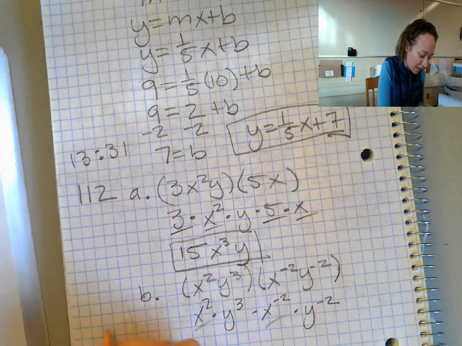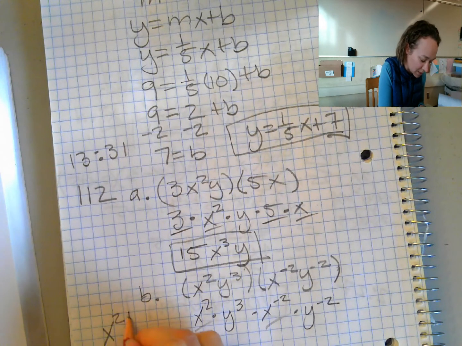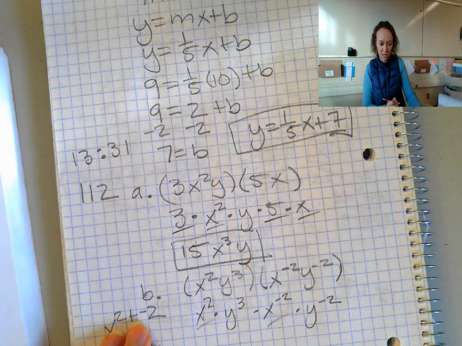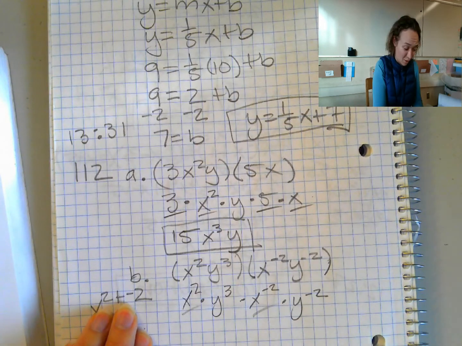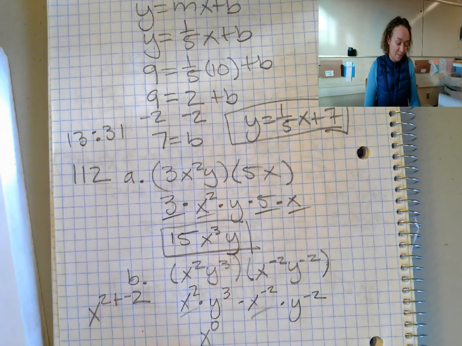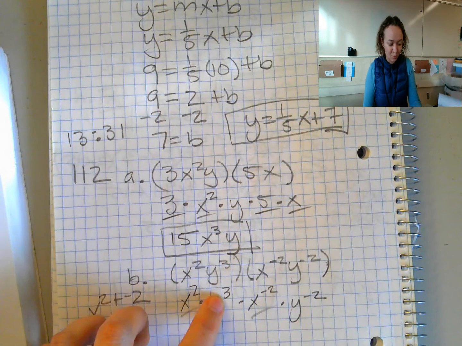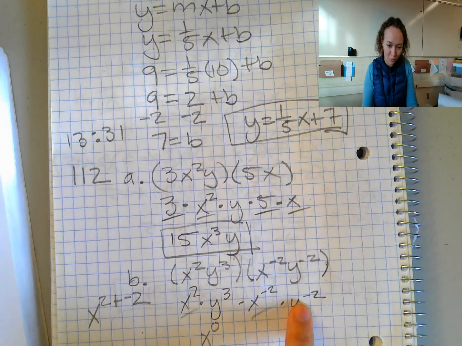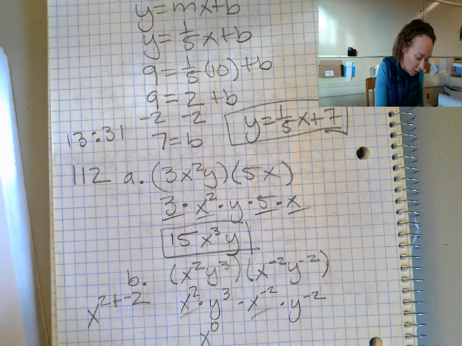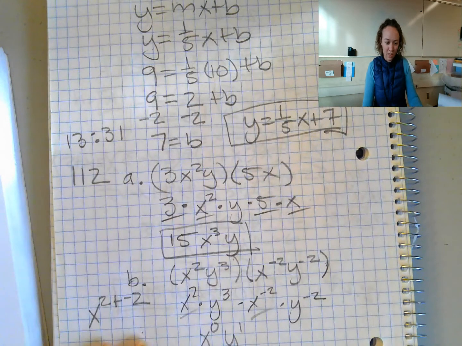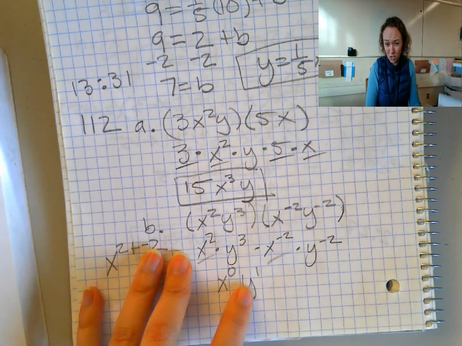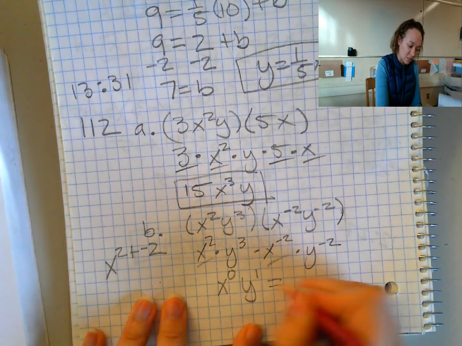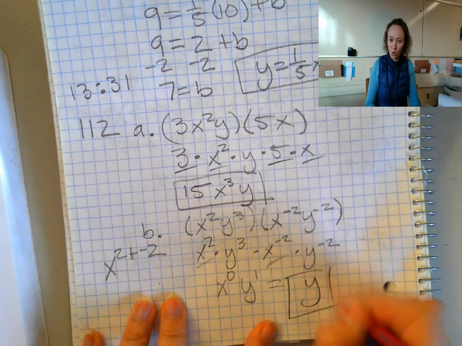Remember, that's like x to the 2 plus negative 2, which would be x to the 0. And then y cubed times y to the negative 2. 3 plus negative 2 would be y to the 1. Well, x to the 0 is just 1, and y to the 1 is just y. So this is the same as just a single y.